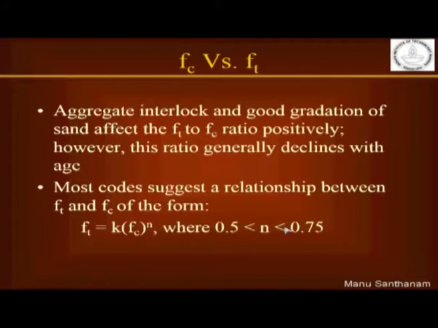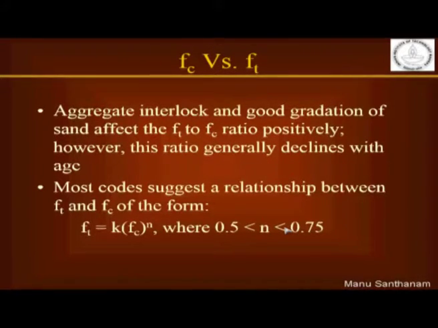So, with age, however, compressive strength keeps on increasing, but flexural strength does not necessarily increase at the same rate. Generally, you should remember that with age there is probably more increase of compression than of tension, because tensile strength is also affected badly by any cracking that is there in the concrete. The compressive strength is not as badly affected by cracking.